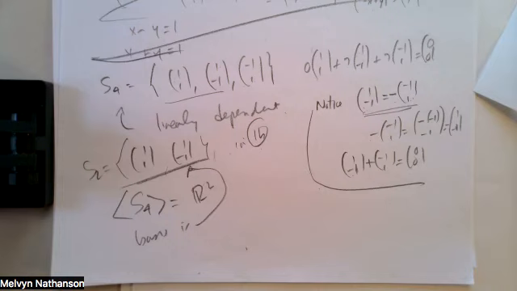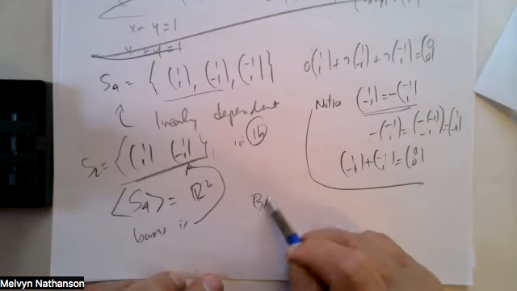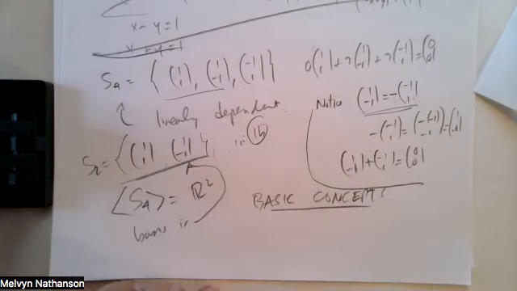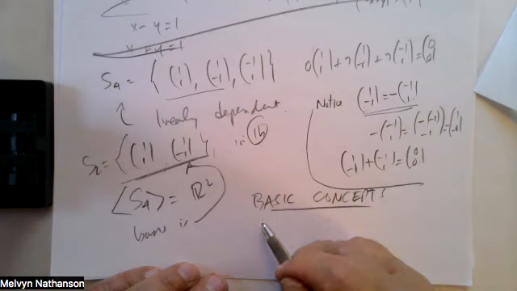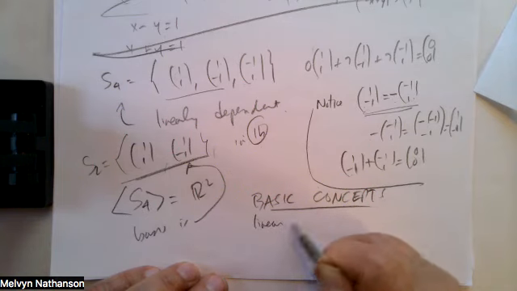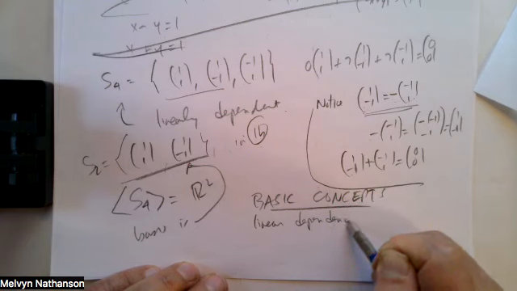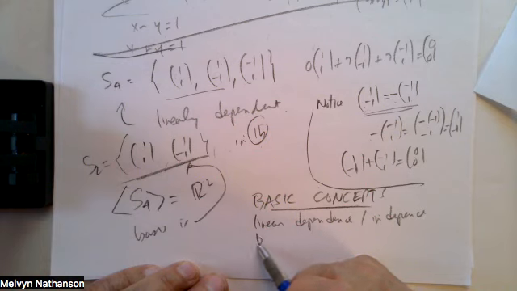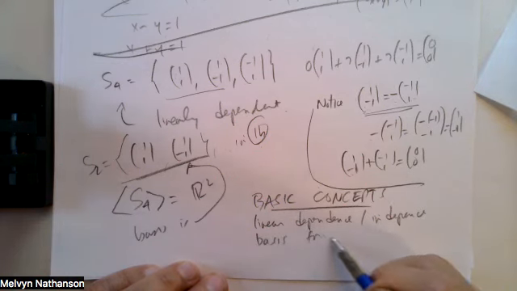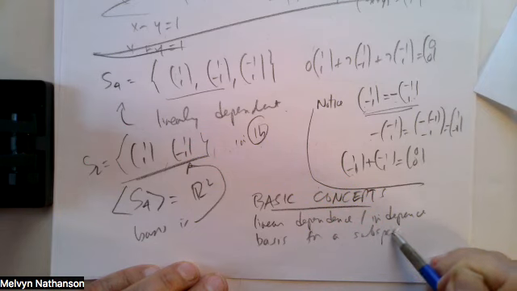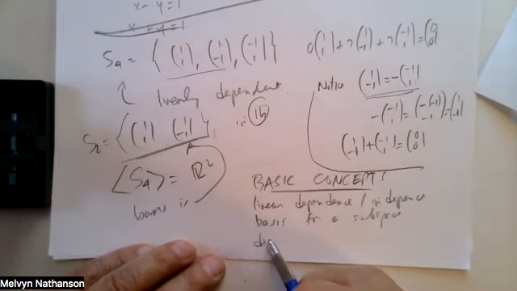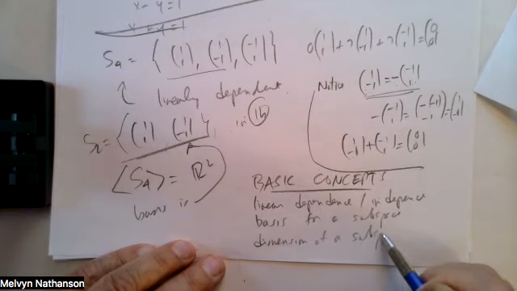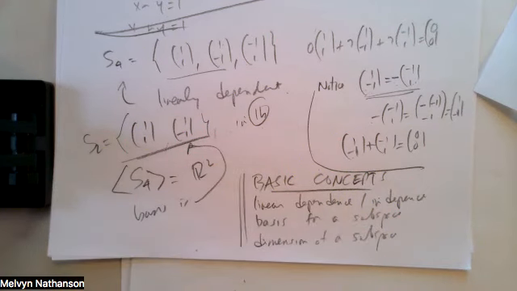So there are basic concepts you have to understand to do these problems. You have to understand what linear dependence and independence are. You have to understand the concept of a basis for a subspace. And you have to understand the concept of the dimension of a subspace.